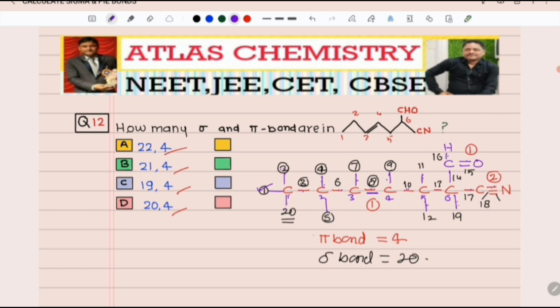Yes, there are 20 sigma bonds. So option D is the correct option. 20 sigma bonds and 4 pi bonds are there in the given compound.